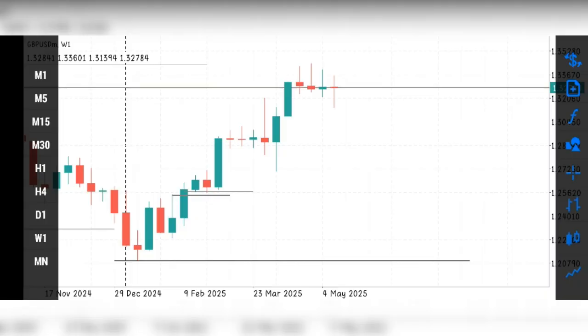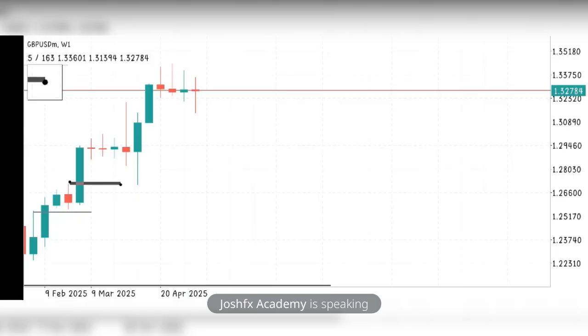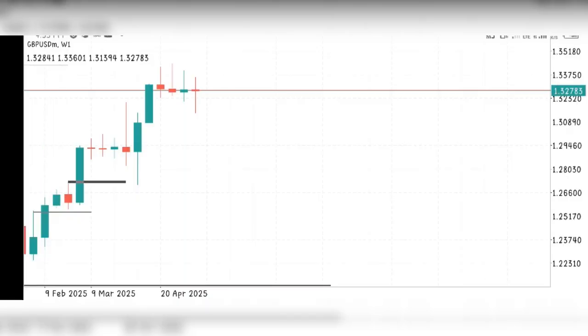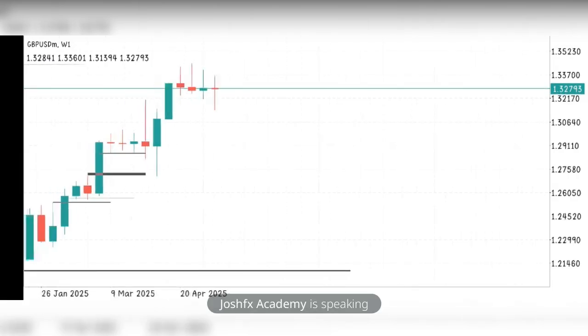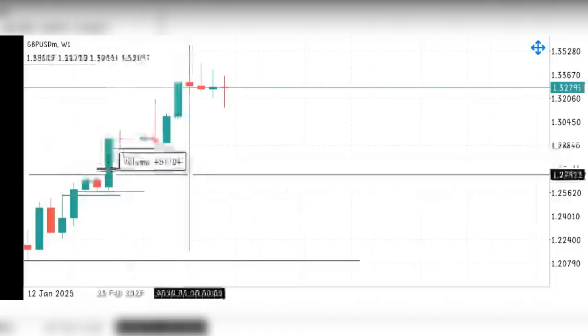Now, if you see this again, we had a fair value gap also here, and the market tapped into the fair value gap.